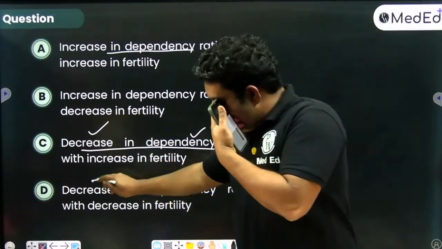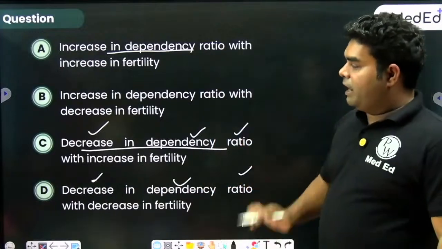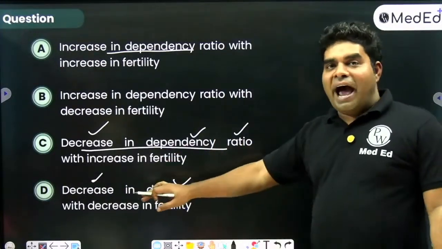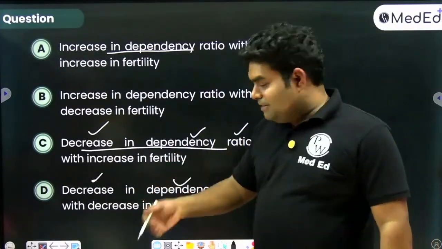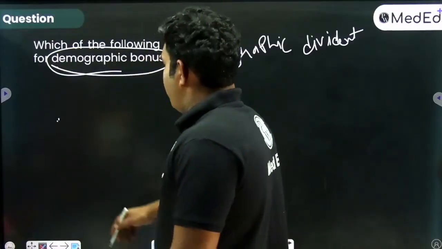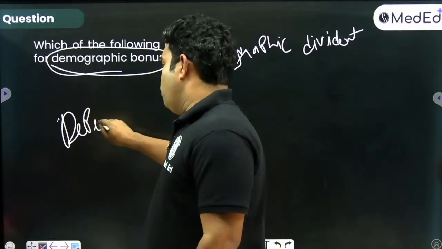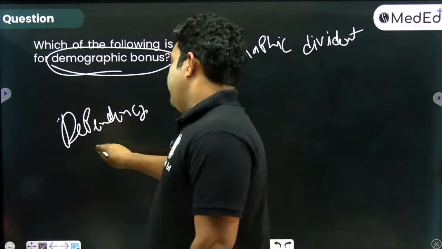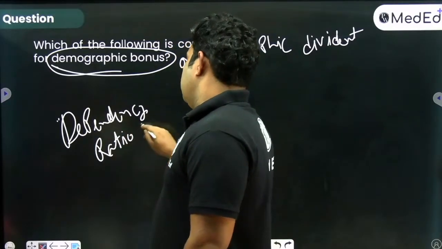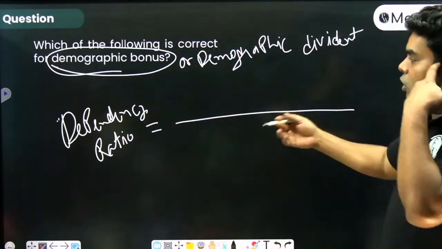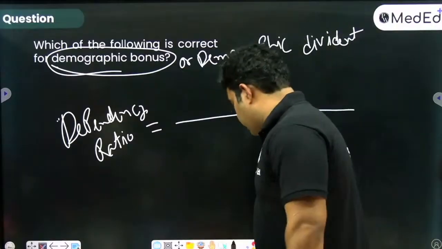So either answer C or D will be correct, because dependency ratio has to decrease, only then is it a bonus or good news for the country. Now what is the formula of dependency ratio? I hope you all know, and they already asked one numerical on this formula in the MCI exam just one year back.